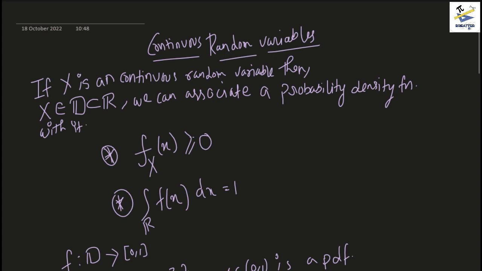So in this video we are going to start about continuous random distributions and continuous random variables. So this kind of distributions are the ones where we do have the random variable taking on values in a continuous interval.